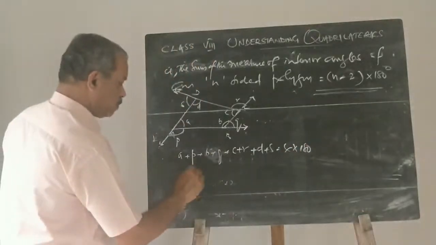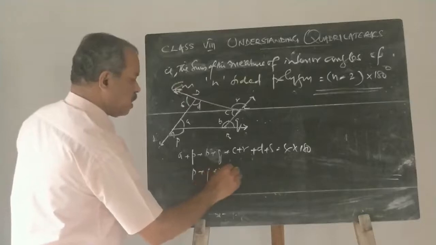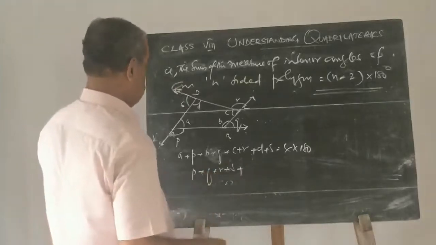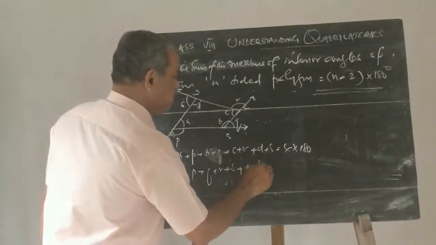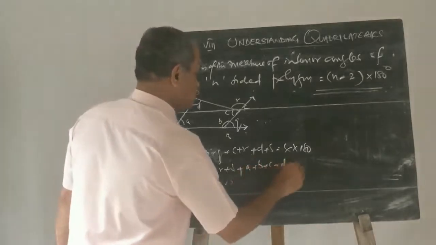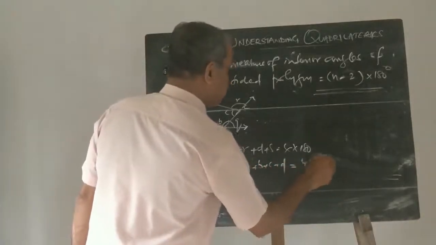So P plus Q plus R plus S plus A plus B plus C plus D equals 4 times 180.